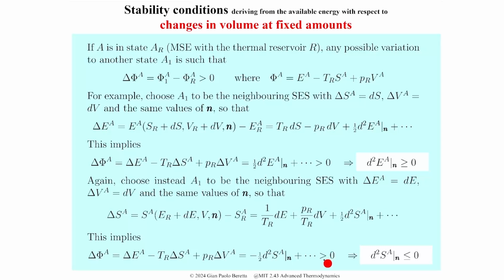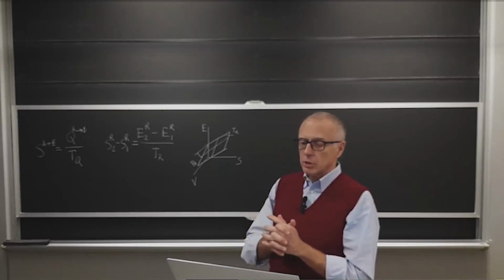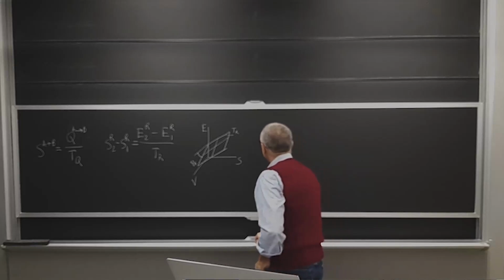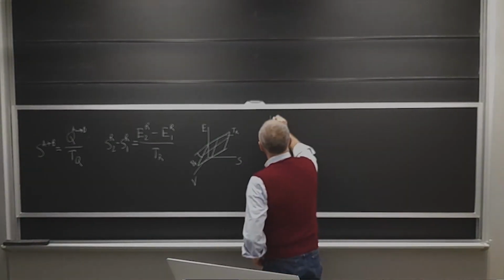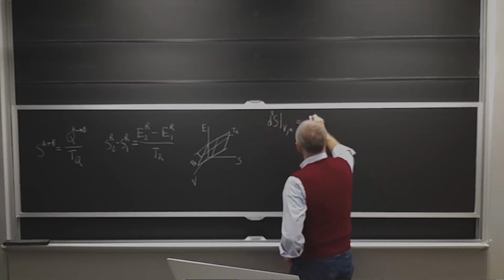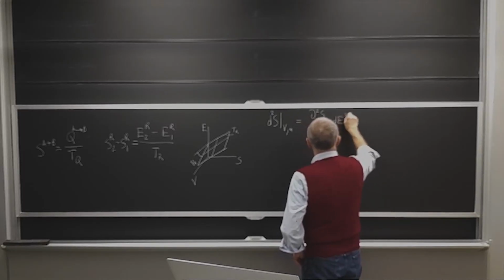And since that must be greater than 0, it gives again that the d2S at fixed N is negative. Now this d2S, if you want to represent it, it's not just the second derivative. When we have d2S at constant V and N, this was equal to the second derivative of S with respect to E times dE squared.